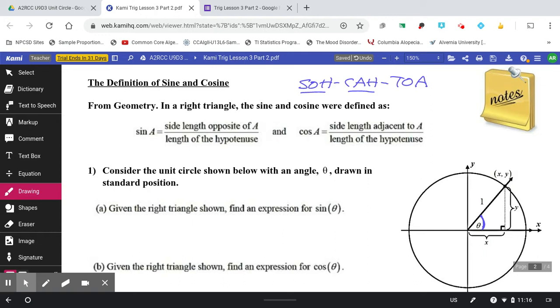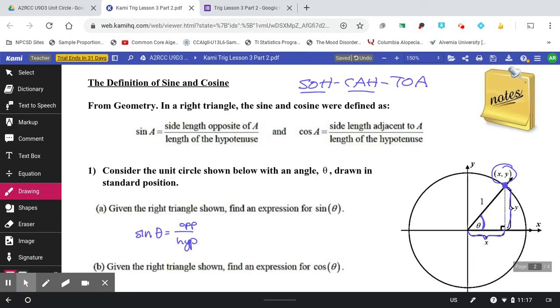When we look at the sine of theta, we know that's the opposite side over the hypotenuse. Well, we're in the unit circle, and to get to this point, we have to go over x units and then up y units, and that's where we get that xy coordinate from.